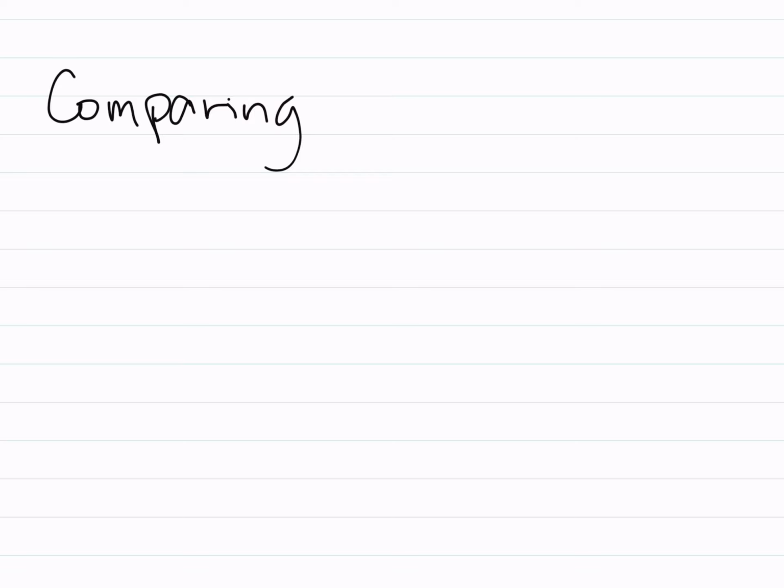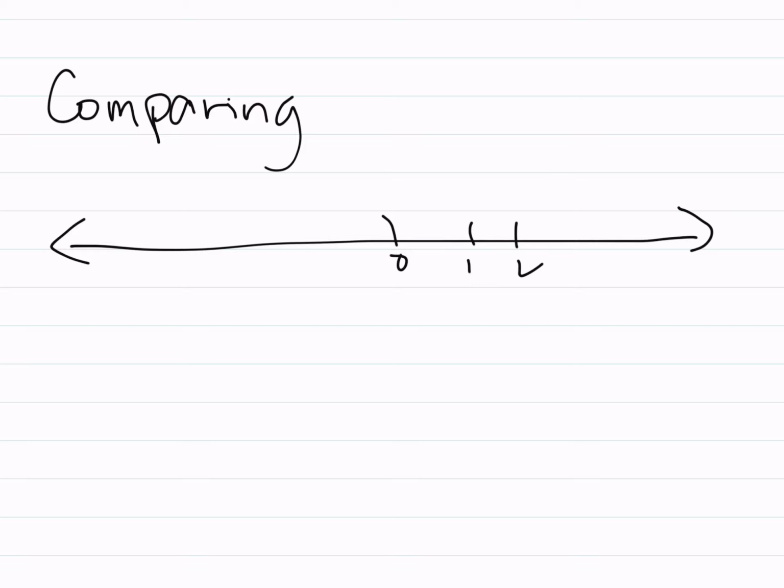To compare two integers, think how the integers are ordered on the number line. So let's say again, this is our number line. This is 0, 1, 2, 3, 4, 5, and so on. Next, negative 1, negative 2, negative 3, negative 4, and so on.